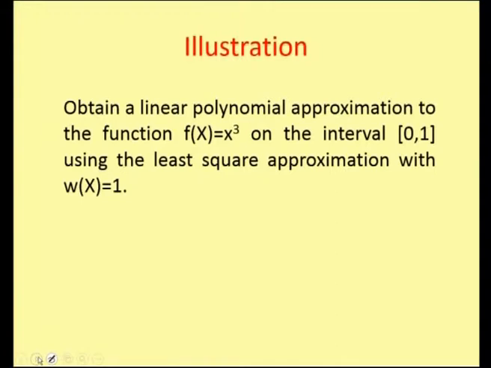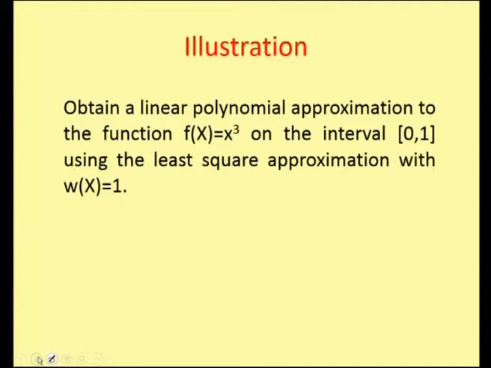So, we shall discuss this example of approximating a polynomial function in the interval 0, 1 using the least squares method with weightage w of x is equal to 1. Obtain a linear polynomial approximation to the function f of x equal to x cube on the interval 0, 1 using the least square approximation with w of x equal to 1.